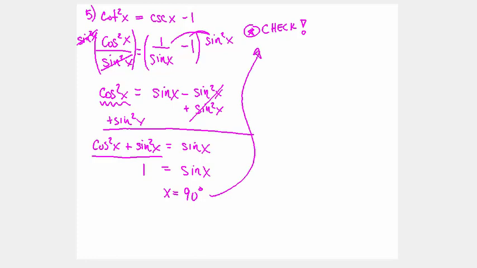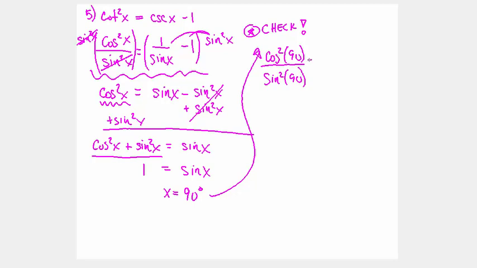So let's go ahead and check our solution by plugging in 90 degrees to our original problem. I'm going to use the second form of the original equation we wrote out, which is cosine squared of 90 over sine squared of 90. I'm plugging 90 into this original equation right here, but the second form of it, just because it's easier to look at these simpler functions than it is with the cotangent and cosecant.